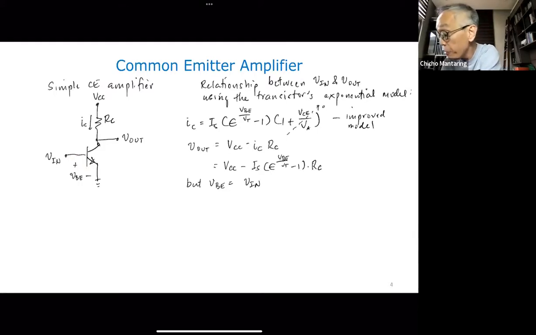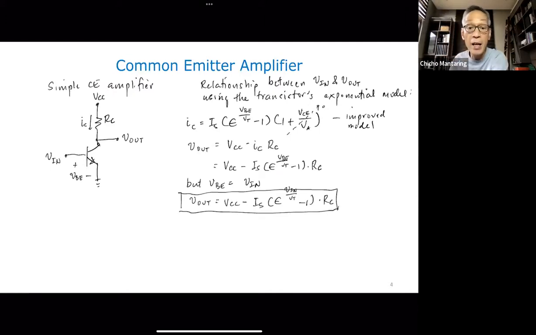So finally, I have V out is equal to VCC minus I sub S times e to the V in over V sub T minus 1, multiplied by RC. So this is now the relationship between V in and V out that I was trying to obtain.